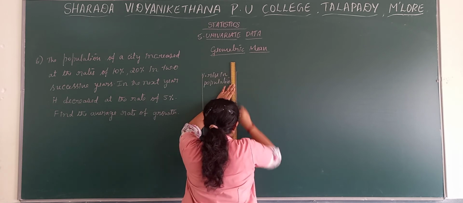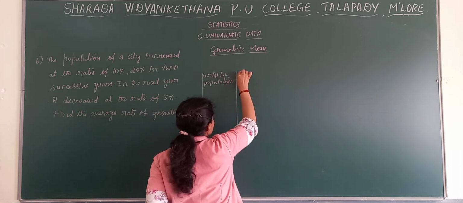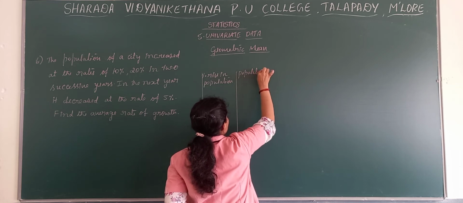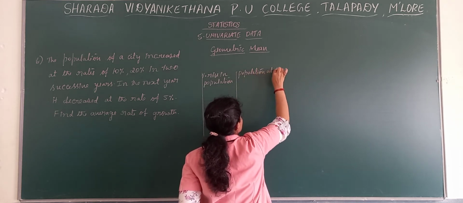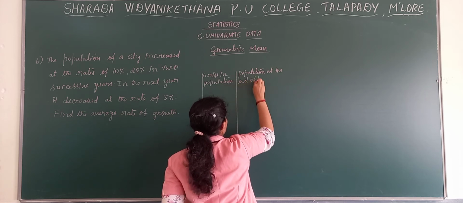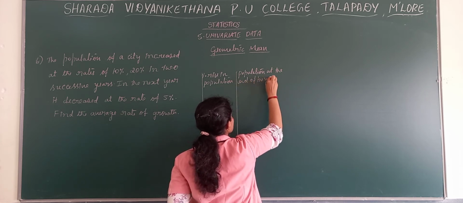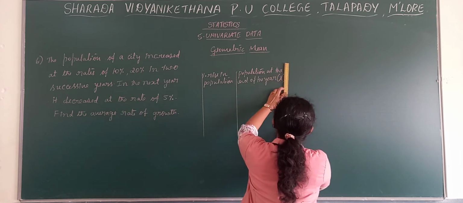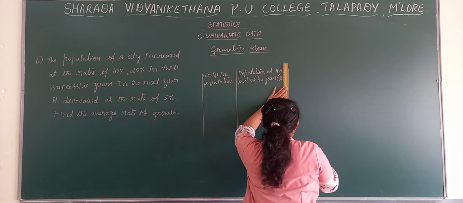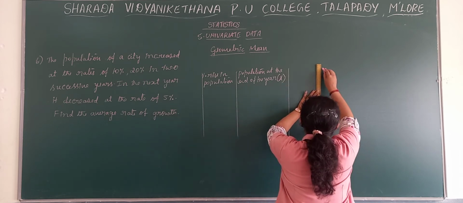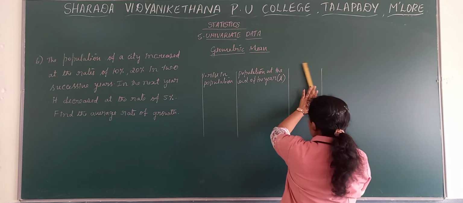Next one, the population at the end of the year, that is nothing but x. You can write only x there. Next we need to prepare the log of x.